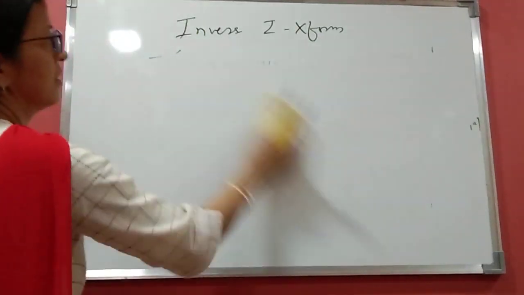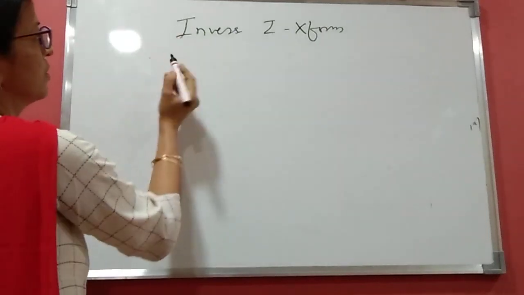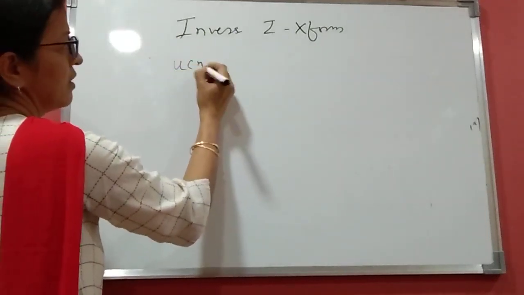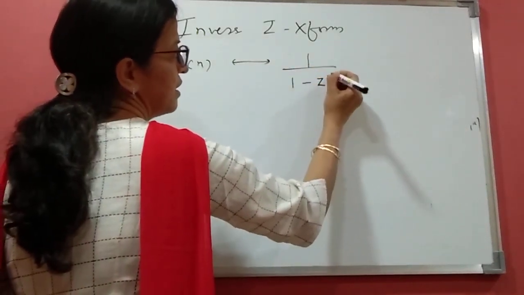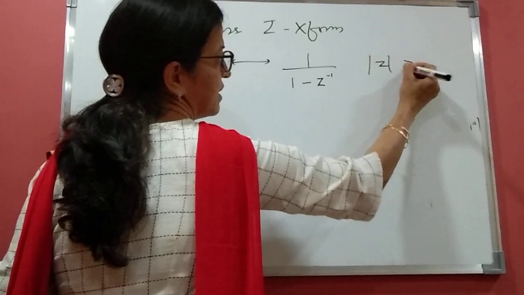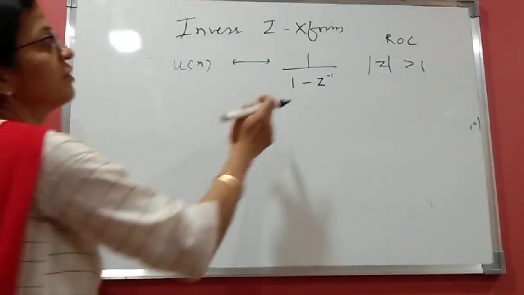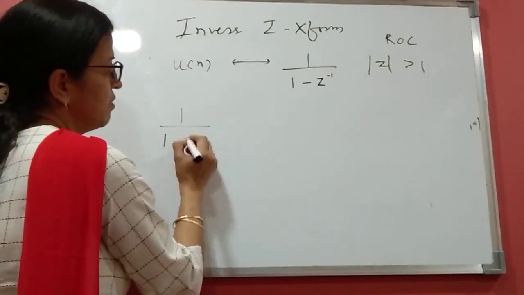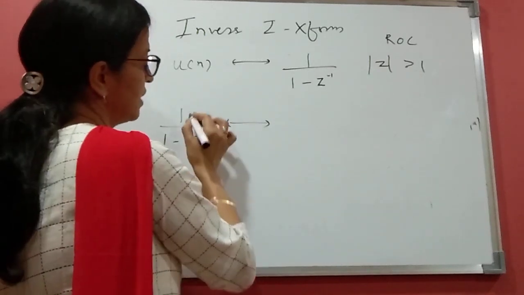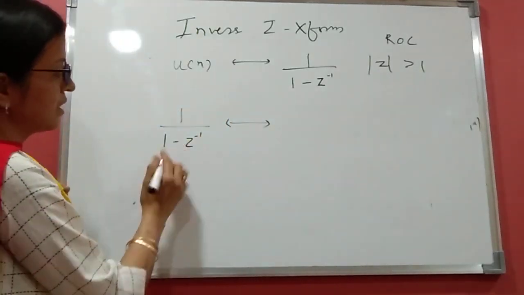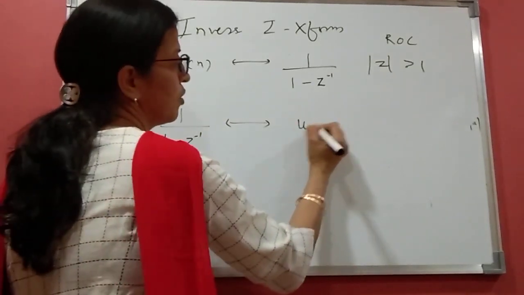Now for example, let us see, if I give you one example here, what is the inverse transform? Like u(n), Z transform is 1 upon 1 minus z inverse, mod z greater than 1. This is the ROC. Now if I tell you to find out the inverse Z transform of 1 upon 1 minus z inverse, you will definitely say, I know the transform, I know the signal: the inverse Z transform of 1 upon 1 minus z raised to minus 1 with ROC mod z greater than 1 is u(n).